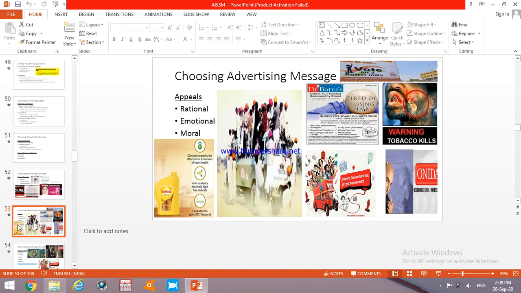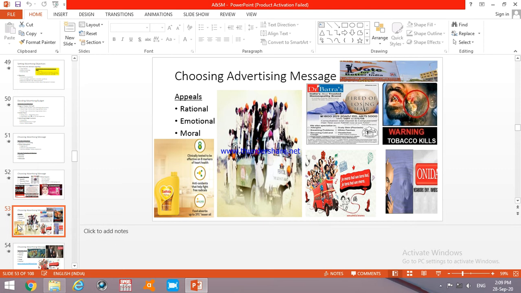Naturally high involvement products, for example a car, the college from where you will do your MBA, or the house that you want to buy. These are all high involvement decisions. In all such cases you don't go by emotions, you go by hard fact based, logical thinking. So these are the decisions which are taken rationally, and in such cases rational appeals are going to work better.